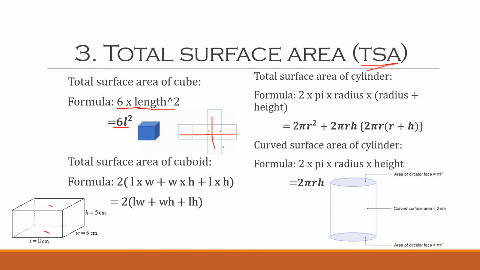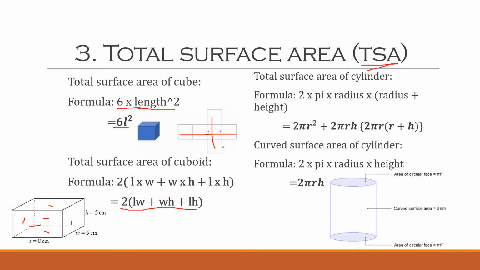Then width into height gives us the area of these side rectangles which have the same area, and length multiplied by height gives us the area of the front and back rectangles which have the same area. So we will add up the area of all of these rectangles and then multiply it by 2 to give us 6 faces. In short, you can remember this formula as 2(LW plus WH plus LH).